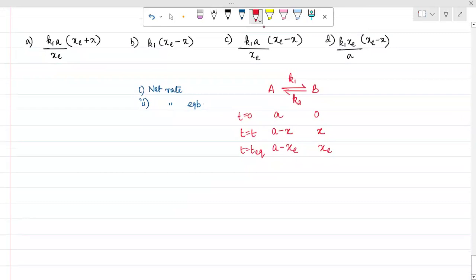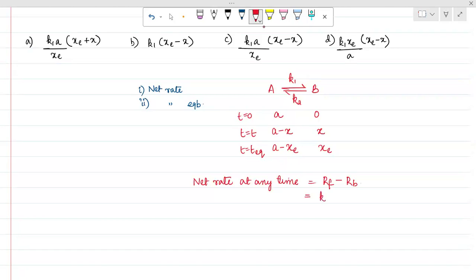We know that the net rate at any time can be written as rate of forward reaction minus the rate of backward reaction. Now, forward reaction is A giving B, and at any time, the concentration of the reactant is A minus X for the forward reaction. We have already derived it, I'm not repeating it.